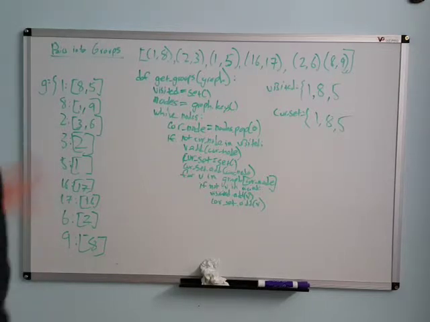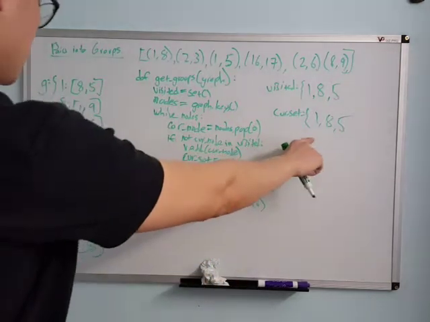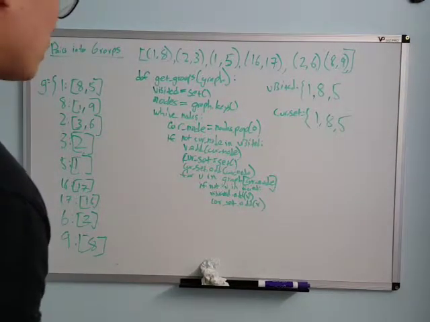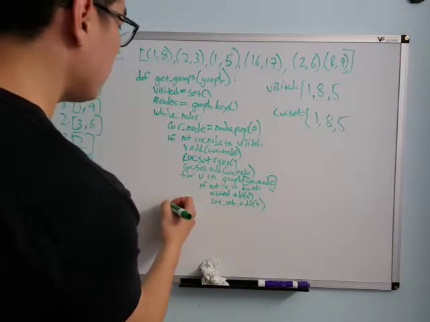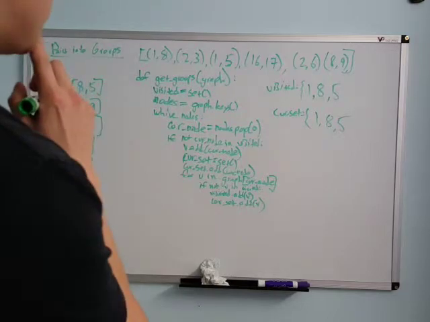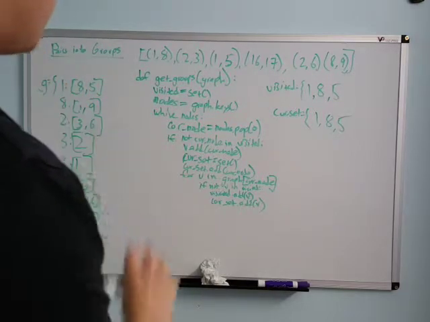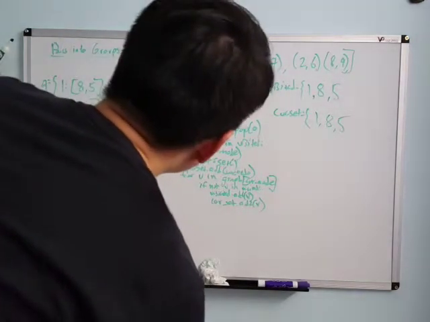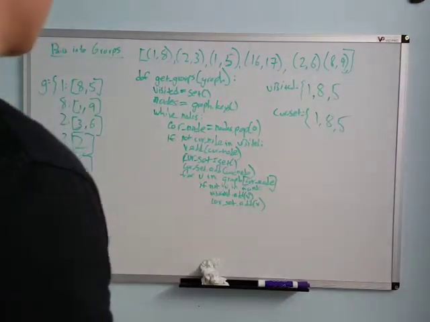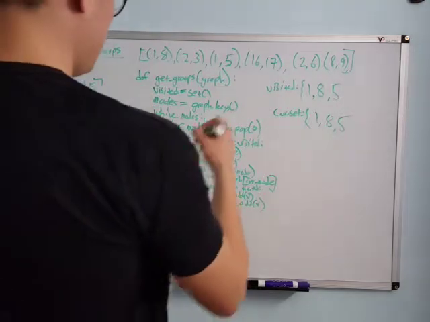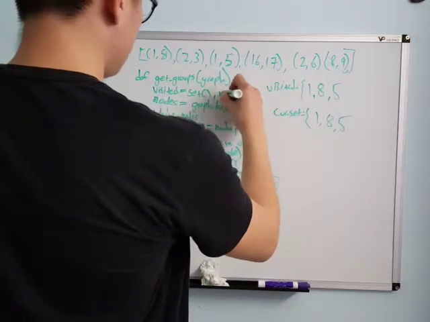Okay, let's see. So this is our first iteration, cur set, and then we're popping into it. Cur set is this, and then we need to put it into the groupings, right? So we still need to have this results.